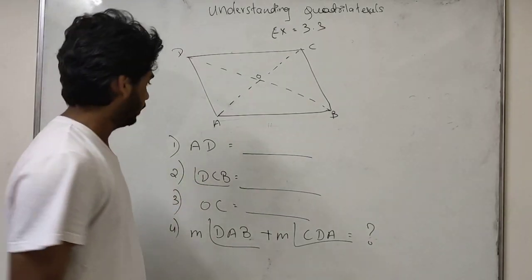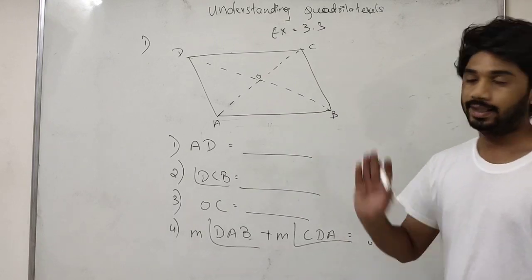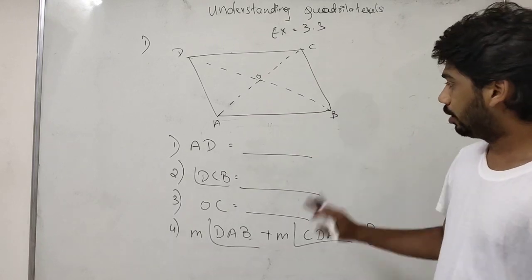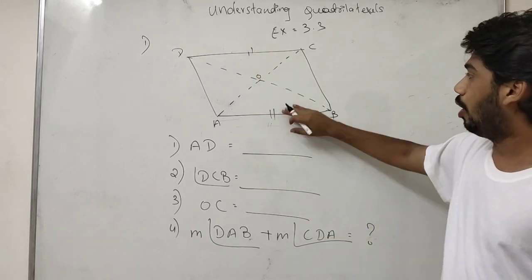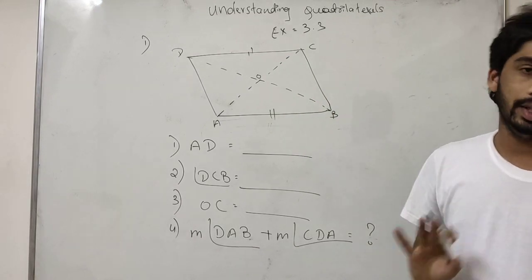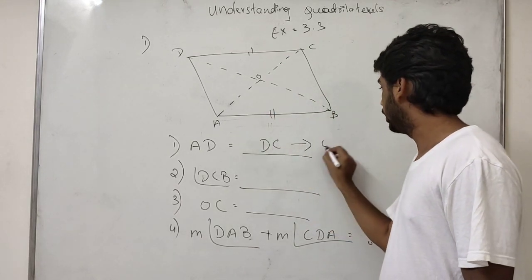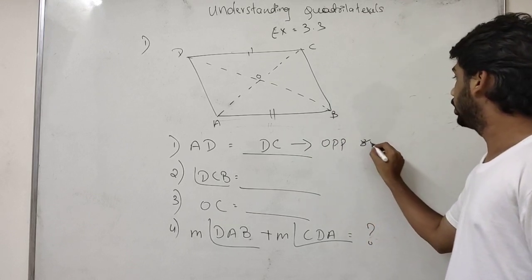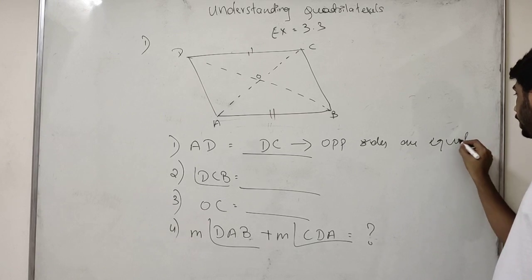So friends, here the first question is about the parallelogram. In a parallelogram, opposite sides will be equal in length. So AB is equal to DC. Why? Because opposite sides are equal.